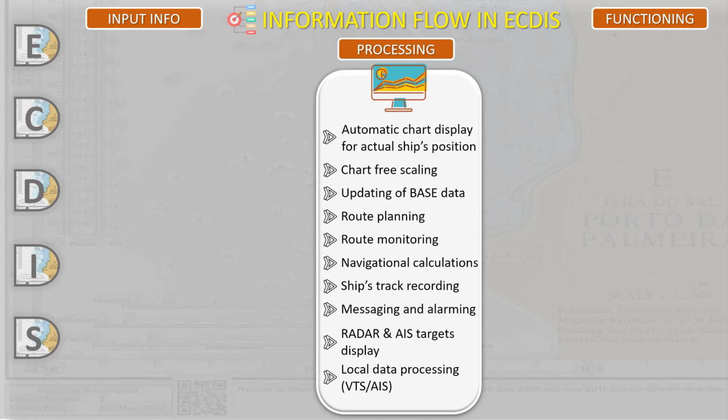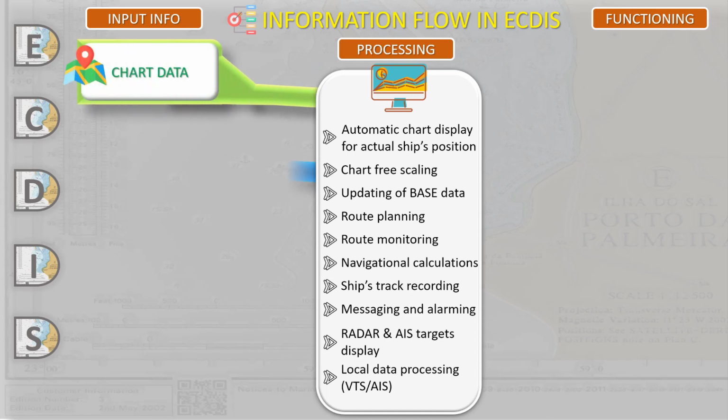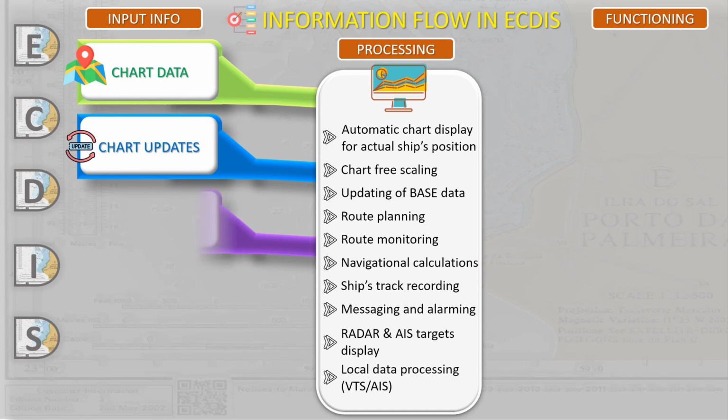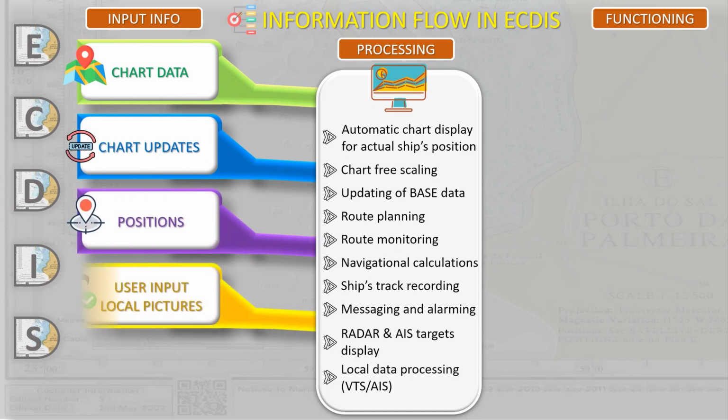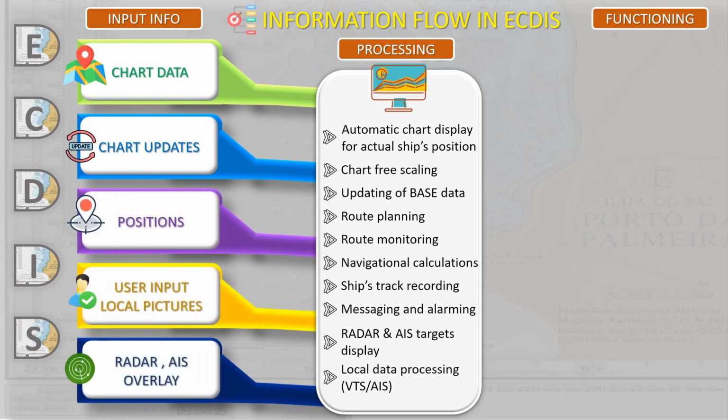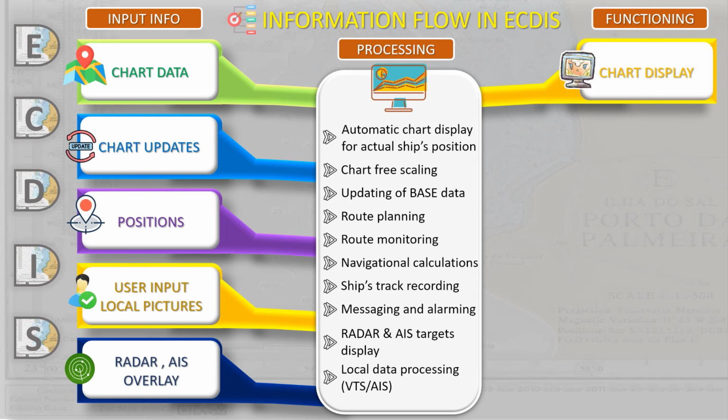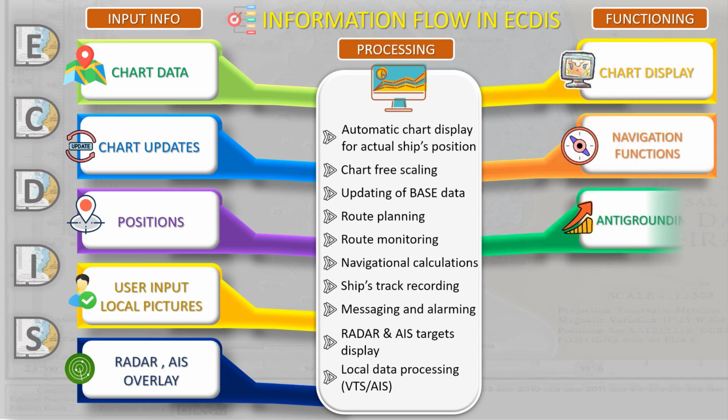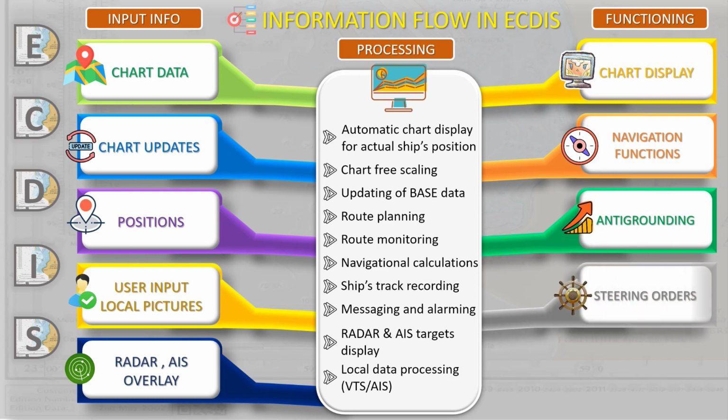As the main input information source to ECDIS, we have the next blocks of items: chart data, chart updates, positions, user input, local pictures, radar and IIS overlay input. Among ECDIS functioning categories, we have the set of functions such as chart display, navigation functions, anti-grounding functions, steering orders, event recording, messages and alarms.